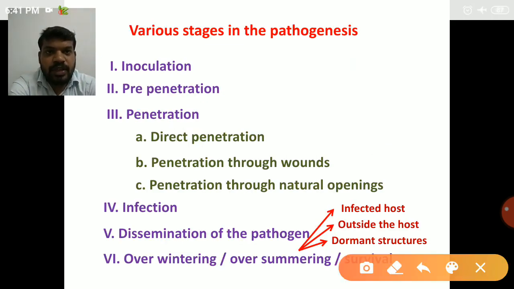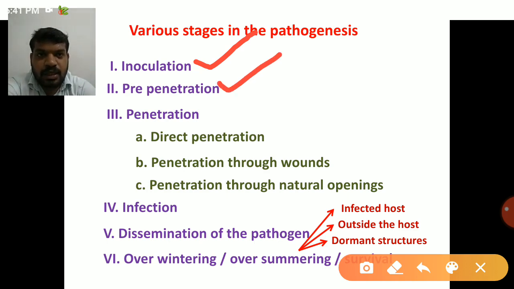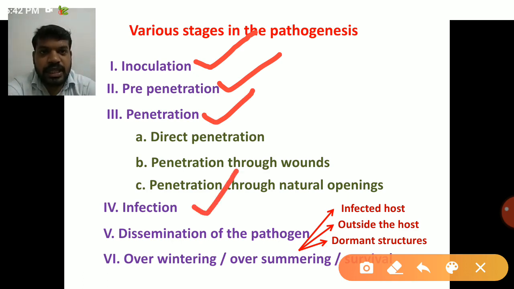So various stages in pathogenesis. First of all, inoculation. Inoculation means the pathogen comes into contact with a particular plant. Next one is prepenetration. Prepenetration means in this stage a pathogen is ready to penetrate into the host. And next one is the actual penetration stage. Next one is the infection stage. In this stage the pathogen takes nutrients from the plant and multiplies itself.